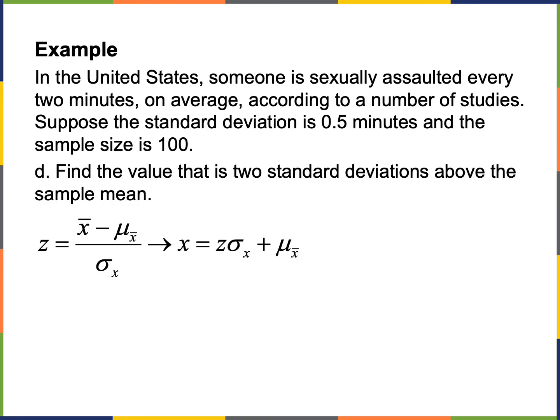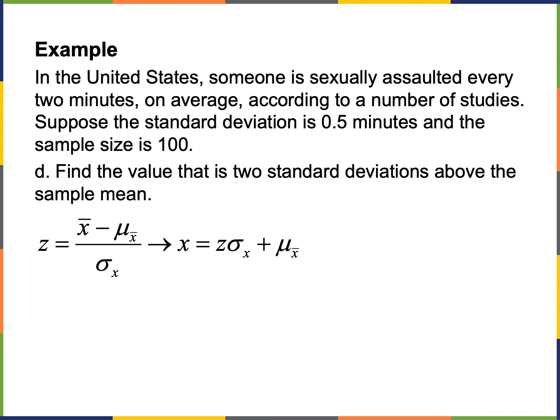Finally, it says find the value that is 2 standard deviations above the sample mean. From the z-score formula, you can manipulate it so that x bar is equal to z times the standard deviation of the sample means, plus the mean of the sample. We have everything from before, because they gave us 2 standard deviations.